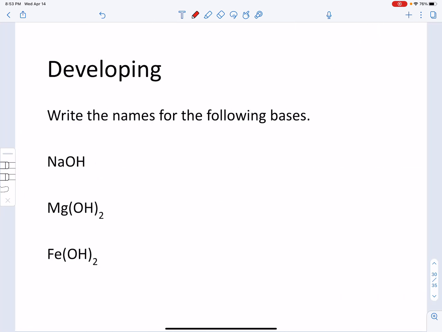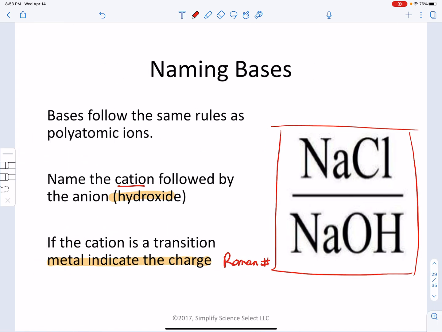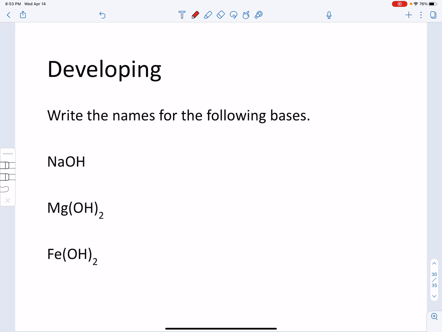So let's write the names of the following bases. Our first one, we're going to name the cation first because it says we name the cation followed by the anion. Our cation is called sodium, and our anion is called hydroxide. Second one, our cation is called magnesium, and our anion is called hydroxide.